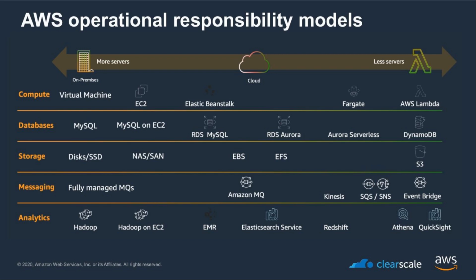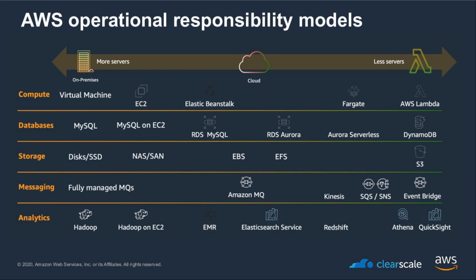This visual gives you a good way of looking at the different options you have and what they mean for you from an operational standpoint. The operational responsibility model implies that there are parts of the system AWS is responsible for, and parts the customer must take responsibility for.